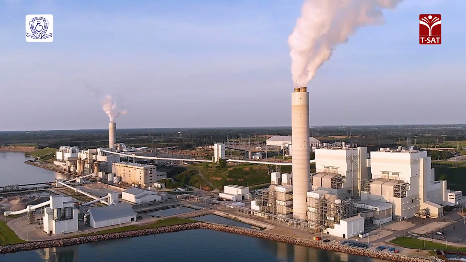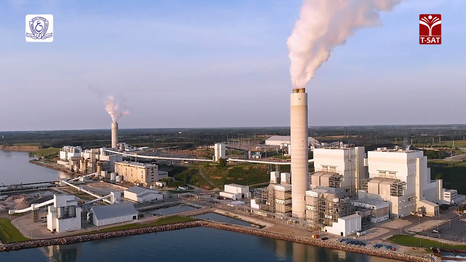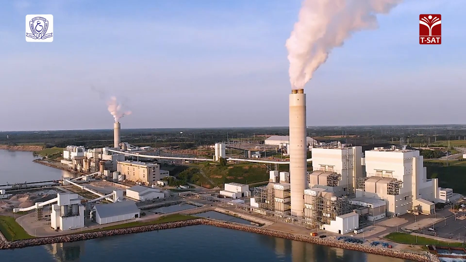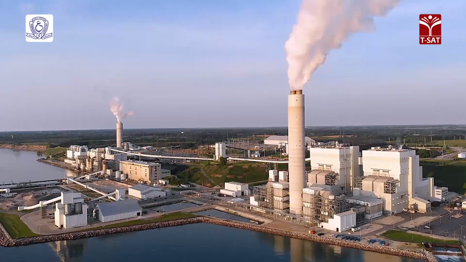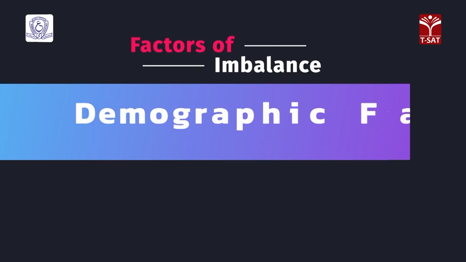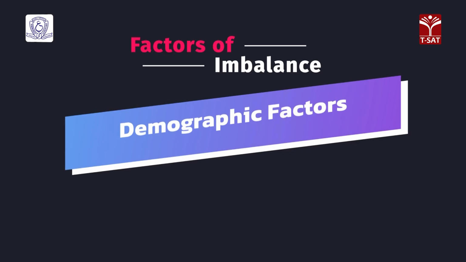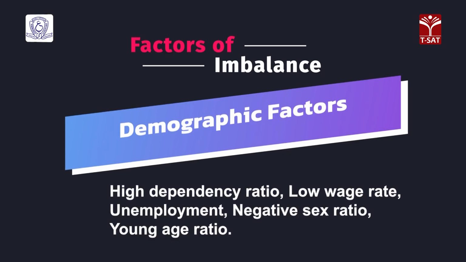In India, the industries are concentrated in a few regions, which has led to regional imbalances. The demographic factors include high dependency ratio, low wage rate, unemployment, negative sex ratio, and young age ratio.